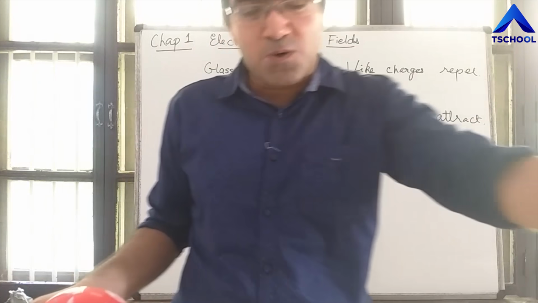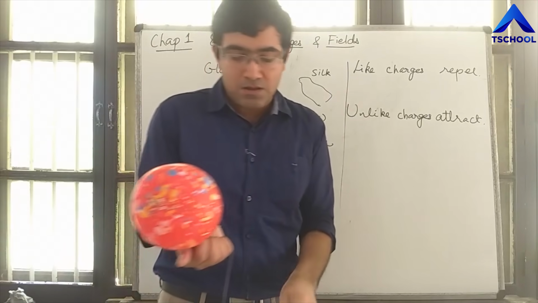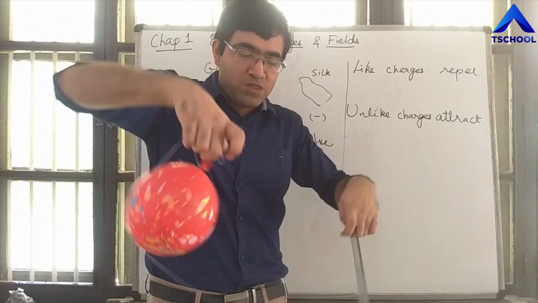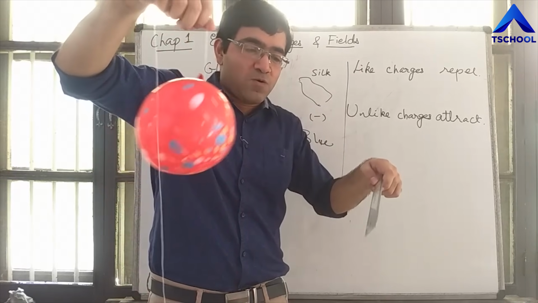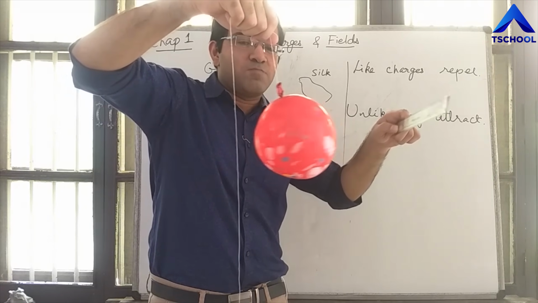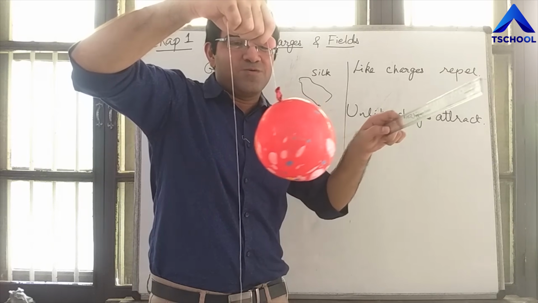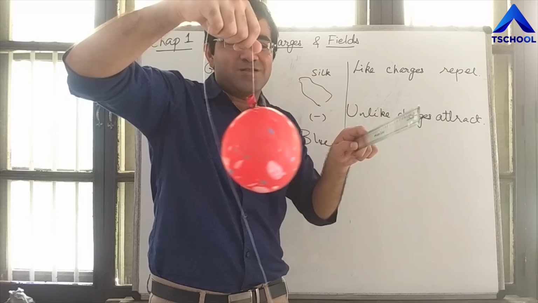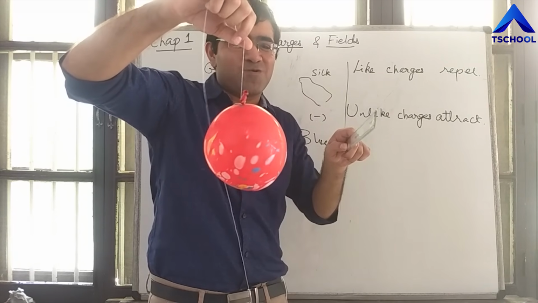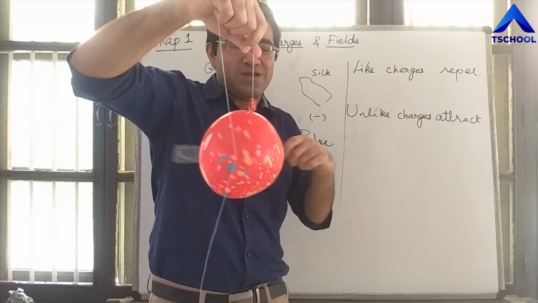Let me also show you what happens if we take the red balloon with the ruler. If you do it at home, be careful, you use the end which you rubbed against the balloon. You can clearly see the ruler is attracting the balloon. Excuse the wind, there's a bit of wind blowing, but you can see it here.